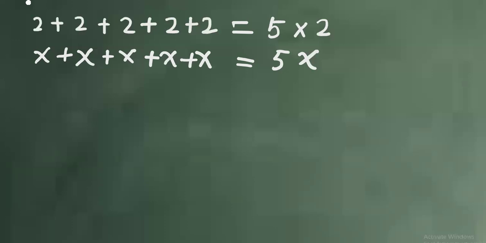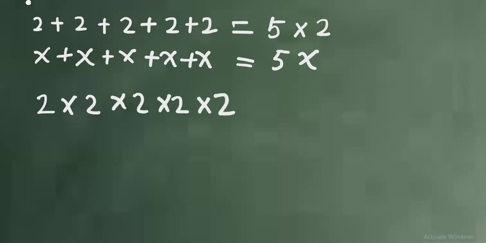Similar to the multiplication, if it's 2 times 2 times 2 times 2 times 2, we can write it as an exponent, which means 5 twos multiplied. So we write it as 2 to the 5th power.